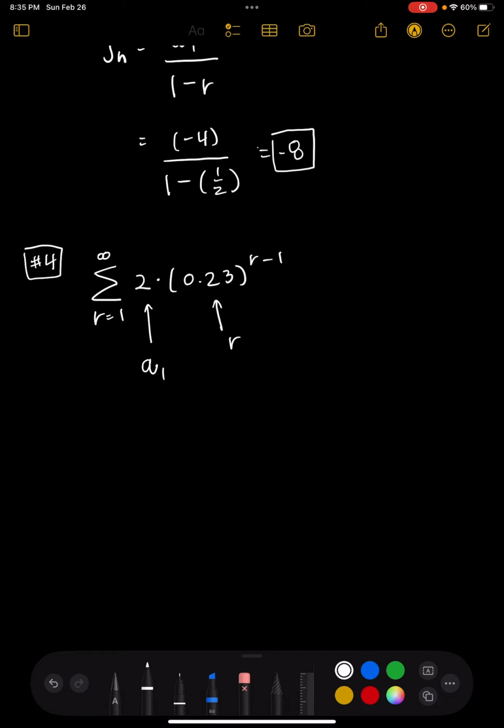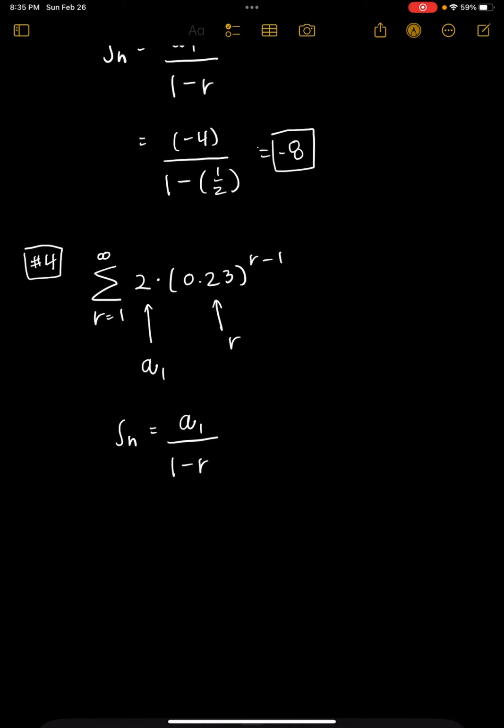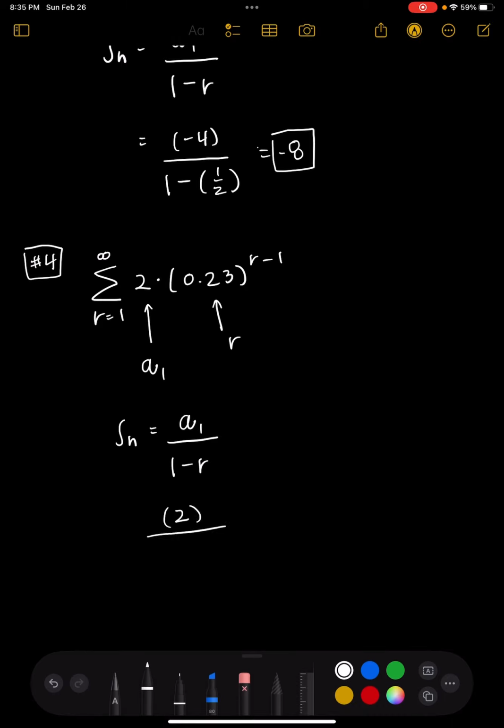And so that means that we can use the formula, which once again is S sub n is equal to A sub 1 over 1 minus R. Our A sub 1 is 2 over 1 minus our R, which is 0.23, which gives me 200 over 77, which is my sum for this one.